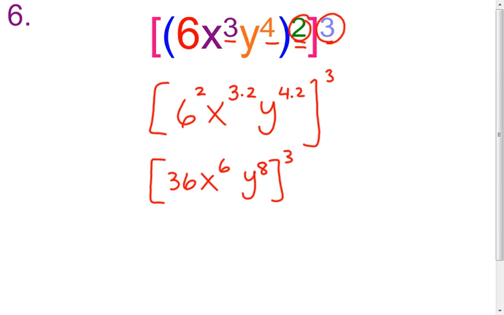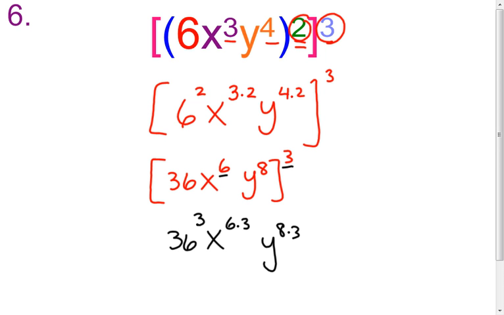And then, now that you've simplified everything inside, you can do that again. So now I will have 36 to the third power, x to the 6 times 3, since I'm raising to a power and I only have one base, y to the 8 times 3.